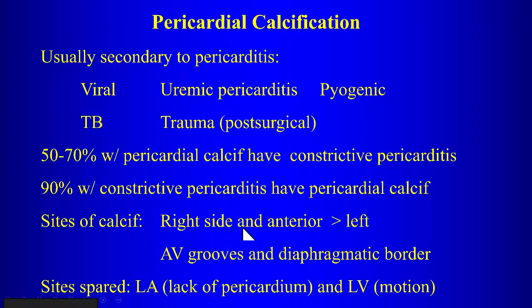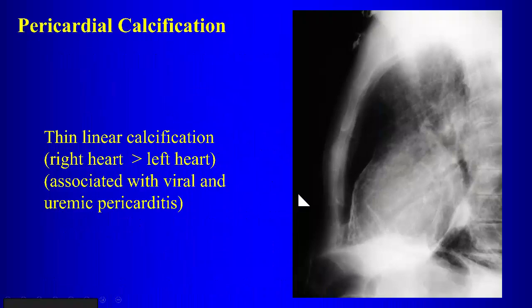So the sites of calcification: right and anterior, greater than left, AV grooves and diaphragmatic border. Usually the left atrium is spared, lack of pericardium. The left ventricle also, because of the motion of the left ventricle, can prevent calcifications from building up in the overlying pericardium. Thin linear calcifications like this are often better seen on the lateral view.